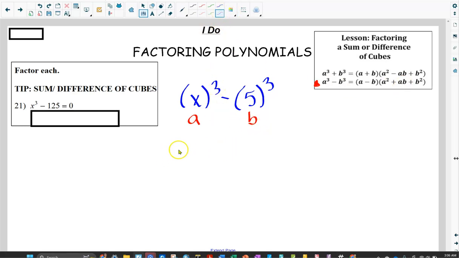Okay. So check this out. I'm going to have a minus b, okay, a squared plus, I need to multiply a times b, and then have b squared. Okay. So let's go ahead and plug that in. What is a? x.